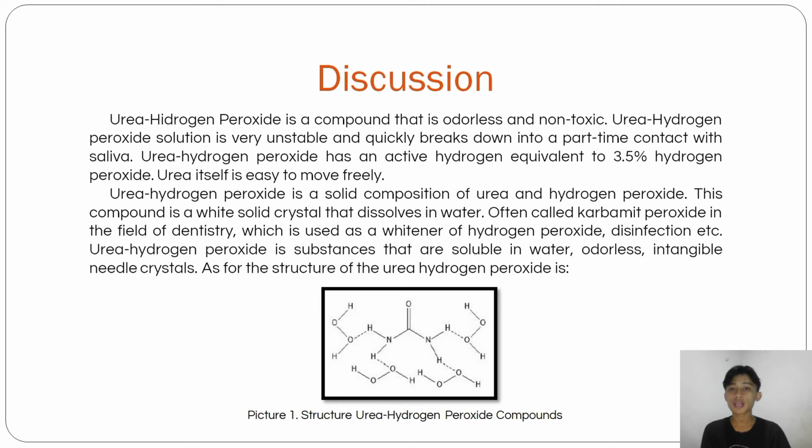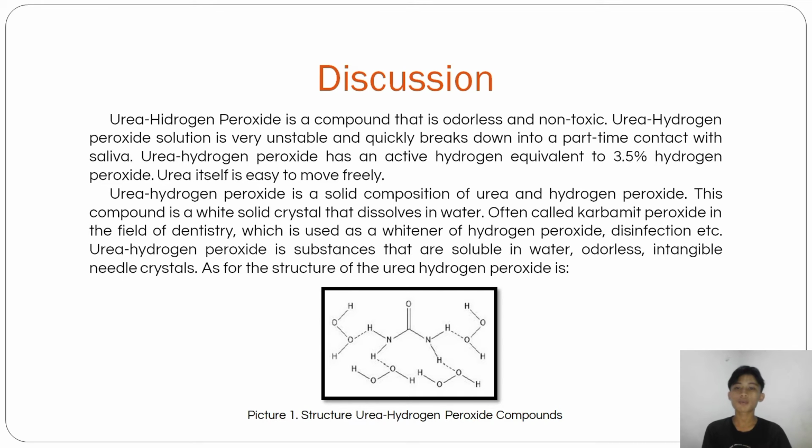Urea hydrogen peroxide has an active hydrogen equivalent to 3.5% hydrogen peroxide. Urea itself is easy to move freely. Urea hydrogen peroxide is a solid composition of urea and hydrogen peroxide.